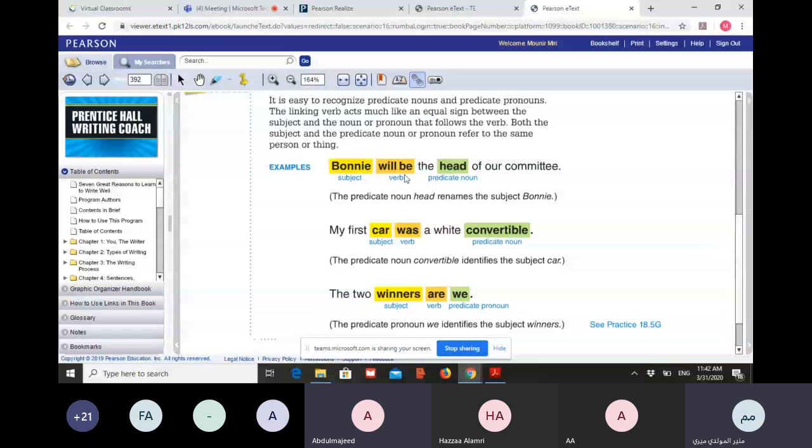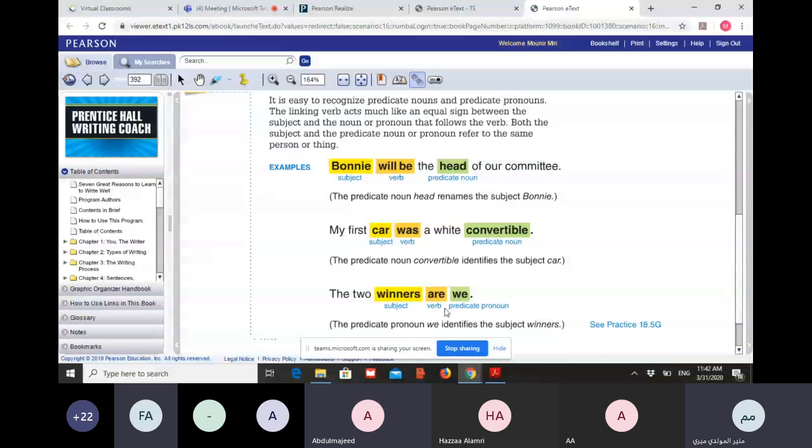Okay. So here, Azza, we have Bonnie as the subject. Will be is the verb, and it is a linking verb, and head here is a predicate noun. So head is a noun. It is called a predicate noun because it identifies the subject Bonnie. It talks about the same thing. Who is the head of our committee? Bonnie is the head of our committee.